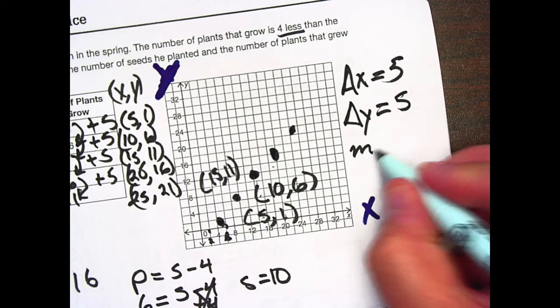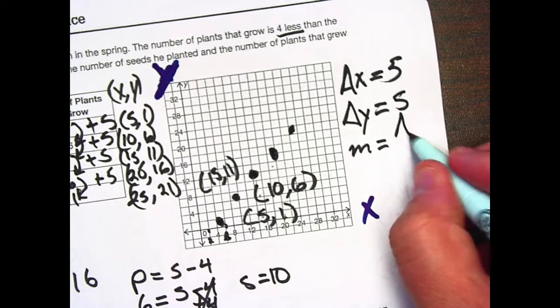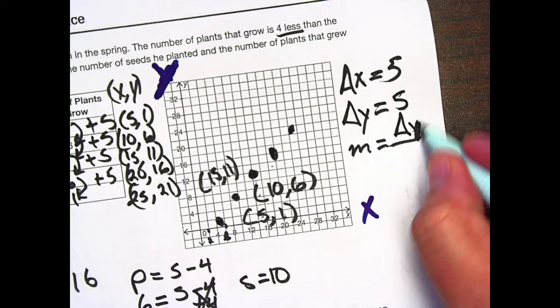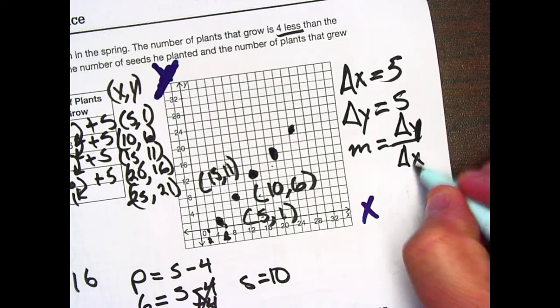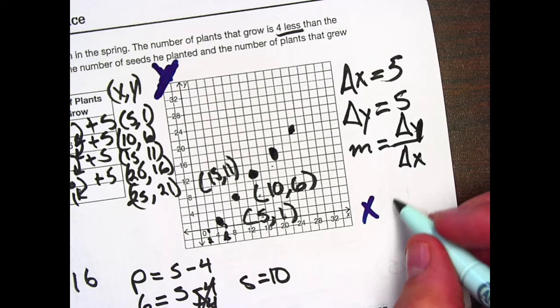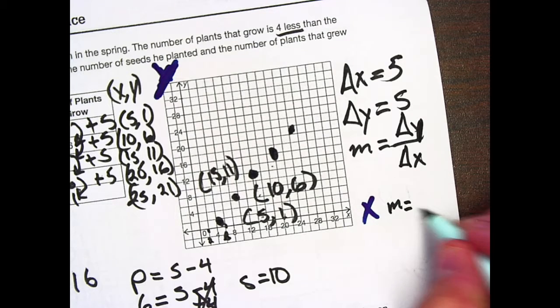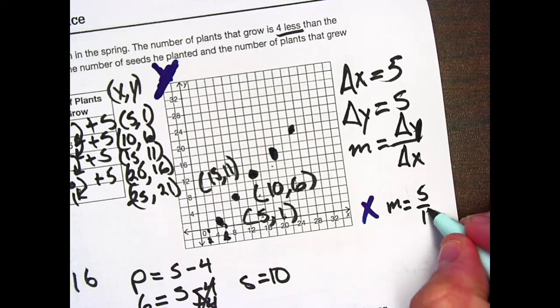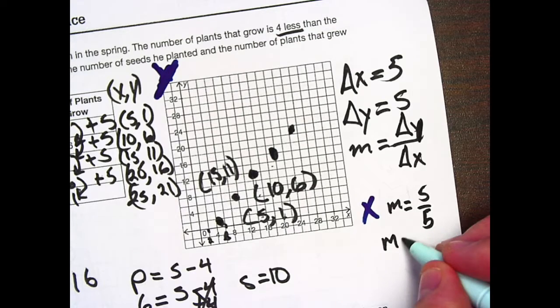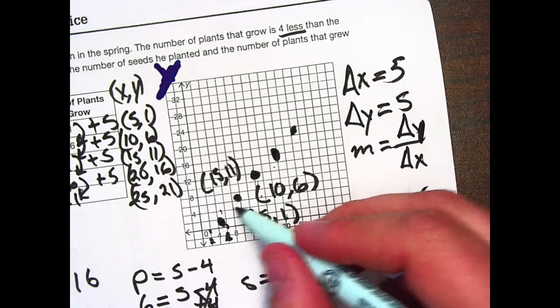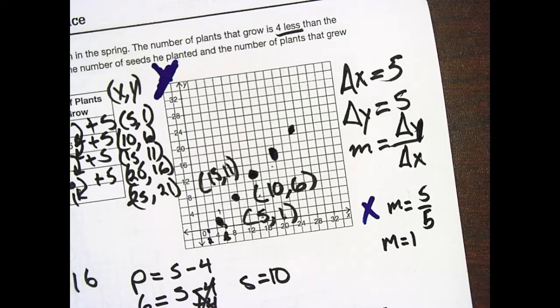So now my slope is equal to the change in y over the change in x. As my student eloquently put it, it's a constant rate of change, which is the slope, which is 5 over 5, which means the slope is equal to 1. In other words, I went up 1 over 1, up 1 over 1, and it connected the dots.